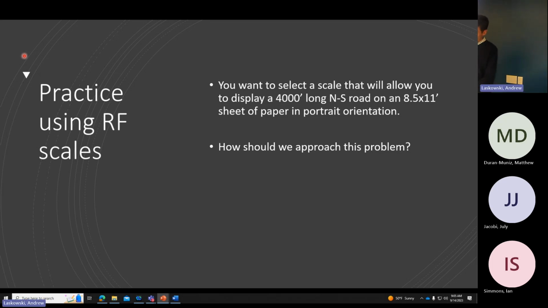And we want to show a road, something like this, that is 4,000 feet long. So that means that 10 inches on our map needs to show 4,000 feet on the ground. We're going to assume that 4,000 foot measurement was a straight line distance from here to there.